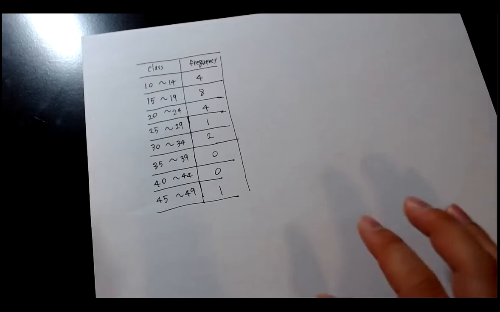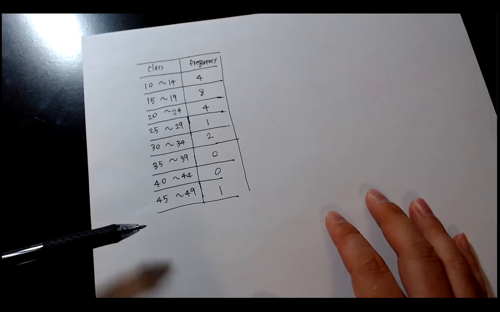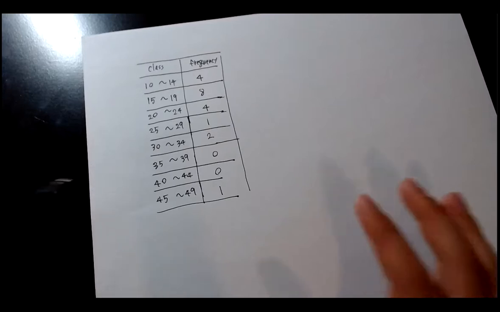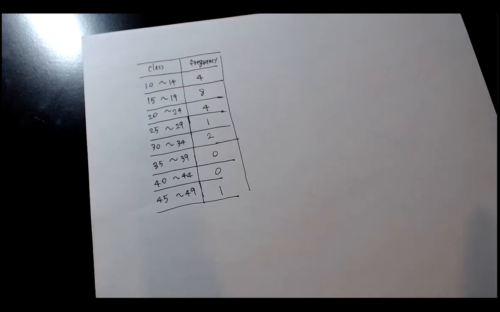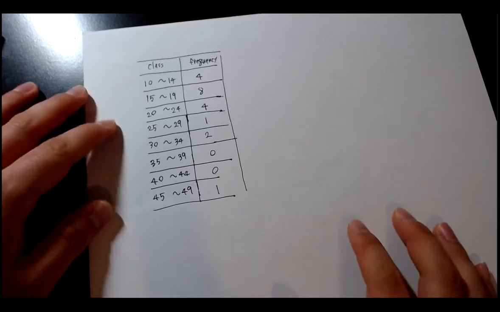In this case, from the frequency distribution table, we can see how the data are spread out, I mean, where most of the data is located.